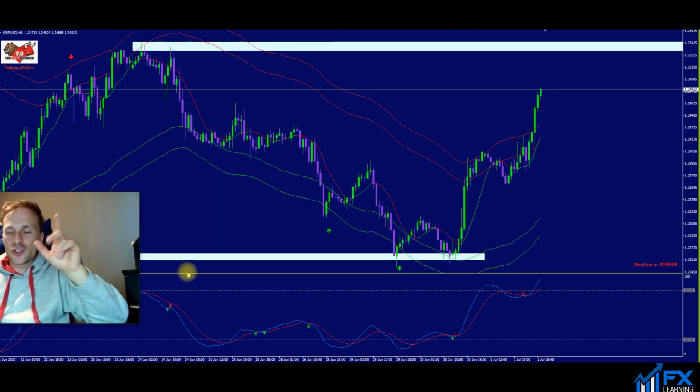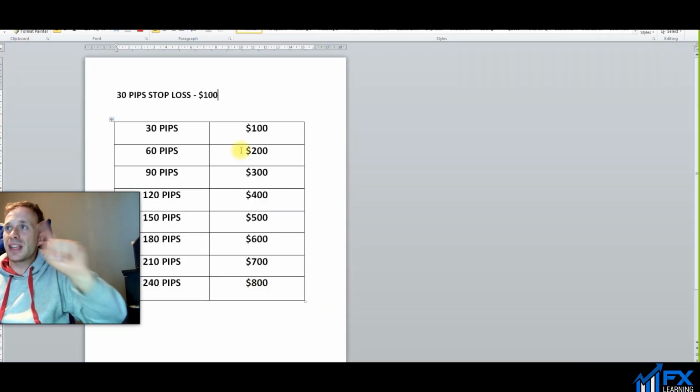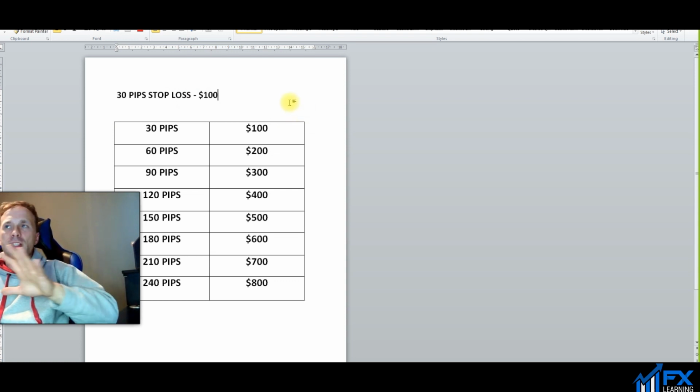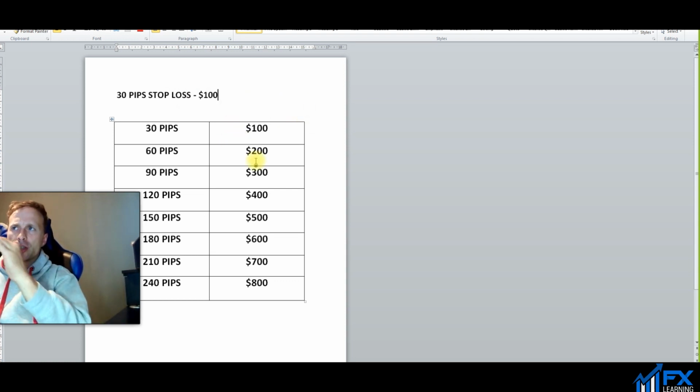Now, what's so good about this is this here. I'm using a 30 pip stop loss, and these numbers here, these $100, $200, are not real money and how much I'm making, I'm not going to share that with you, but we'll just take this concept and I want to show you here. So I have a stop loss of 30 pips.